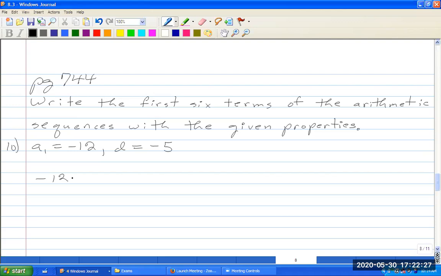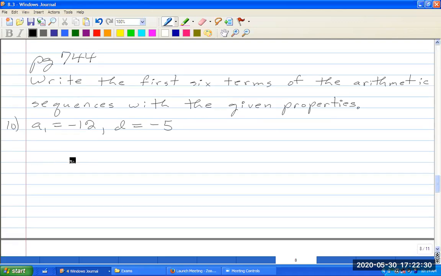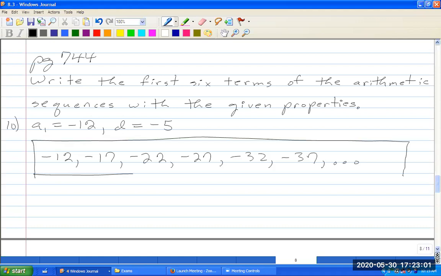So the first term is negative 12, subtract 5, negative 17, negative 22, negative 27, negative 32, negative 37. So that is the first 6 terms. In this arithmetic sequence, you just keep subtracting 5 to get to the next term in the sequence.